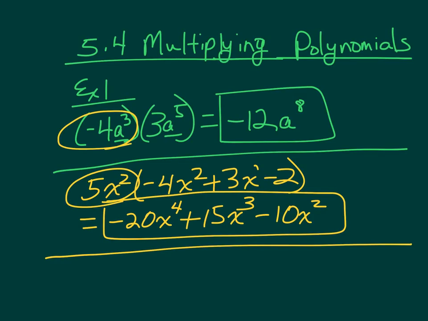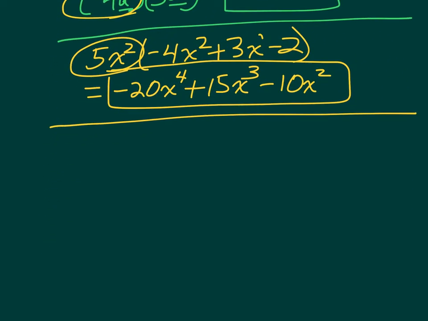You're adding 2 and 1 on your x's. And 5x squared times negative 2 would be negative 10x squared. So the moral of the story from those two examples is if one of your polynomials is a monomial, then there's not really anything different than what we've done. Same old song and dance.